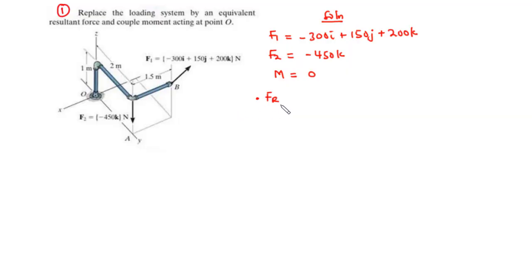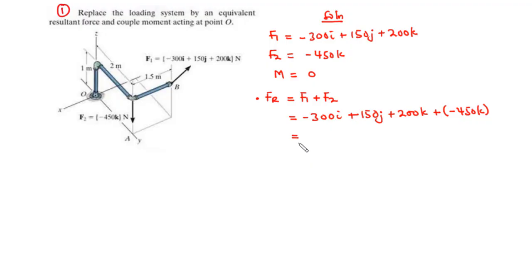That is giving us FR equals F1 plus F2. So that is equal to, we have F1 to be negative 300i plus 150j plus 200k, and for F2 we have negative 450k.